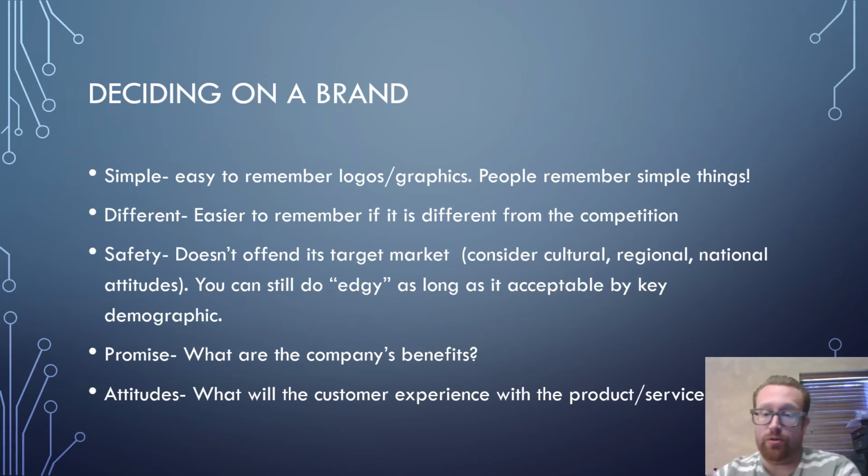Notice that with the Apple computers, when you buy an Apple computer, you buy it because you view it as a luxury item. You view it as expensive, but the company doesn't come out and say that it's expensive. You're never going to find on Apple's website that they say, oh, this product is expensive, it's going to make you look better. They tout more of their experiences. They tout more of, if you buy this product, you'll have longer battery life than the leading competitor.